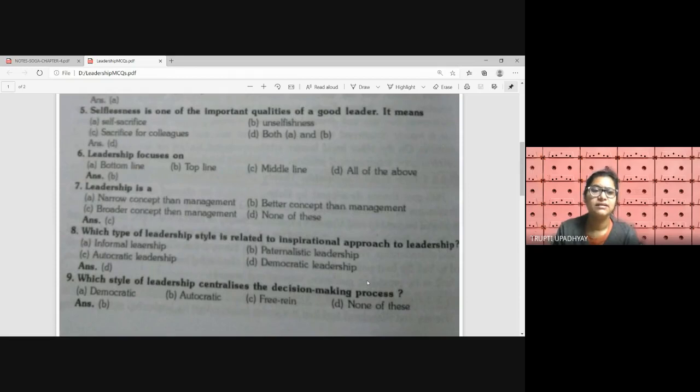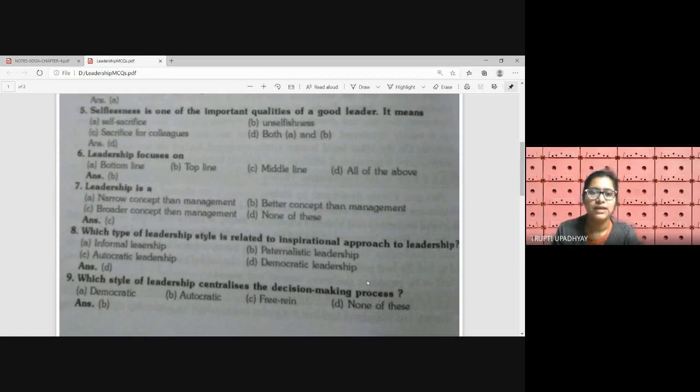Next question. Leadership is A, a narrower concept than management, B, a better concept than management, C, a broader concept than management, D, none of these. Leadership is actually the broader concept than management. A manager is just managing a few people, telling them what to do and what not to do, right?